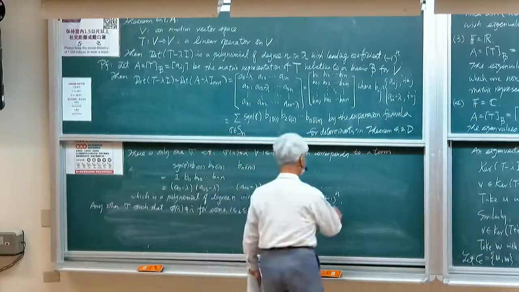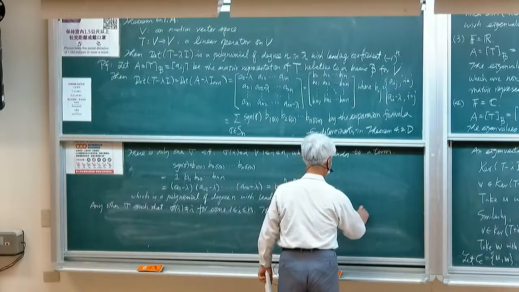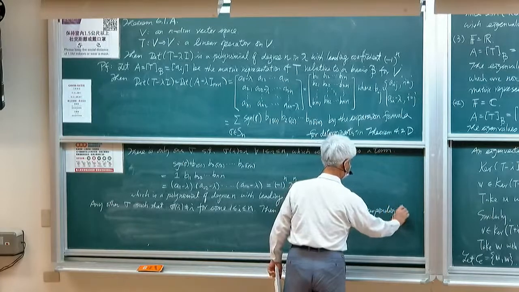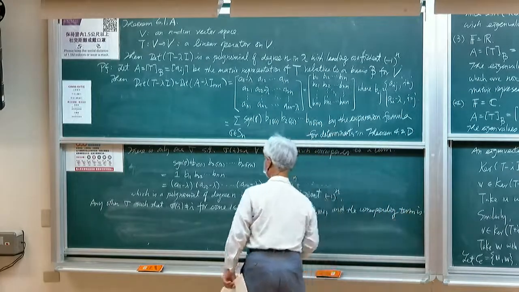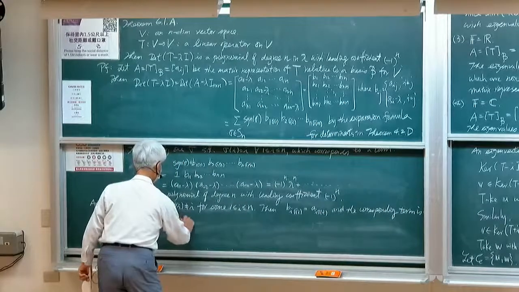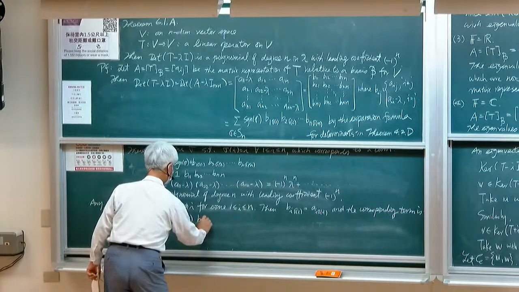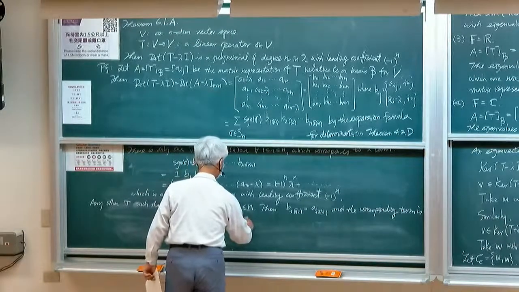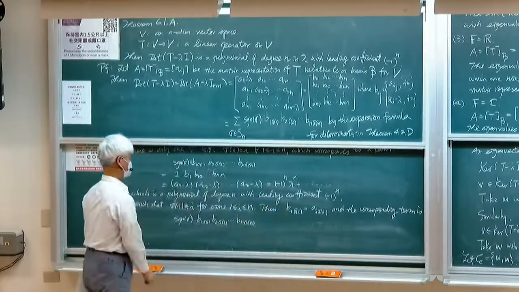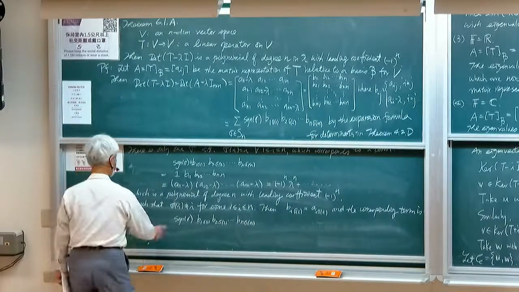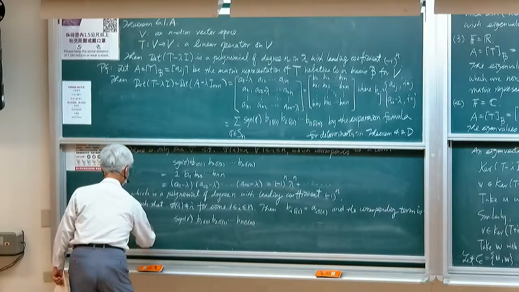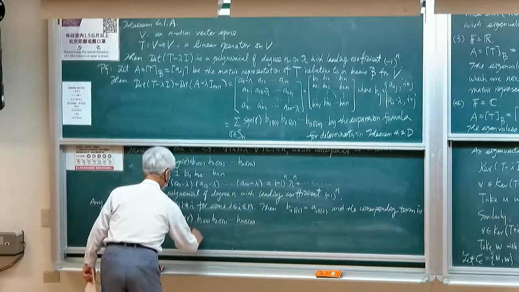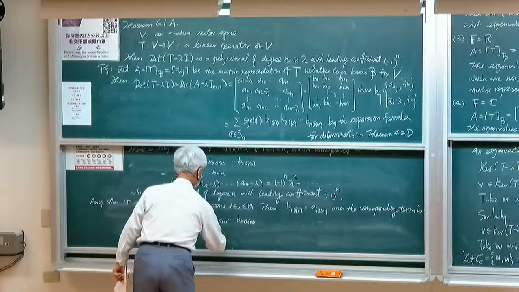The corresponding term is the sign of sigma times b_{1σ(1)}, b_{2σ(2)}, up to b_{nσ(n)}. This is a polynomial of degree less than or equal to n minus 1.